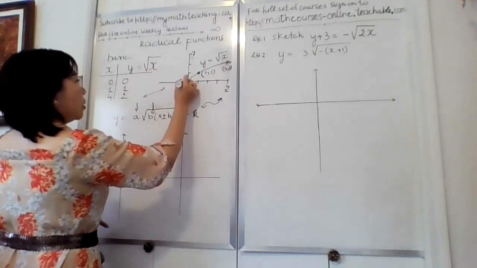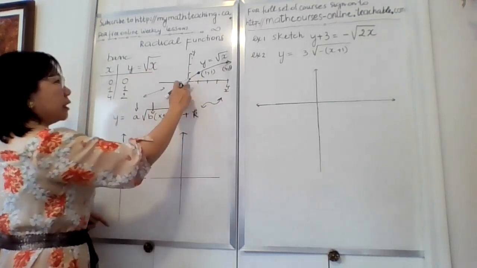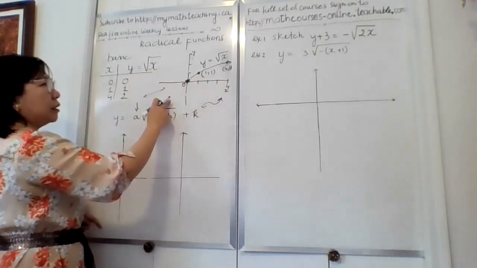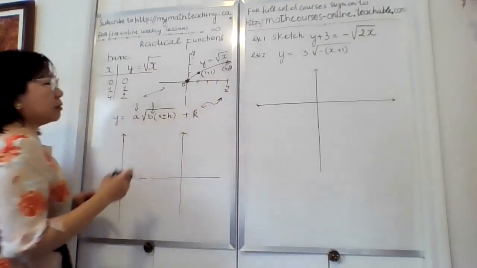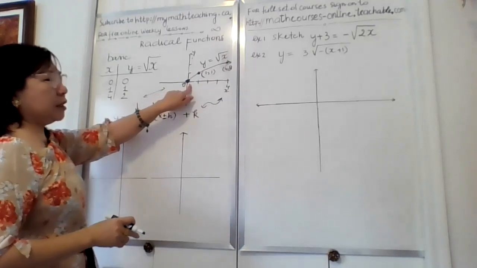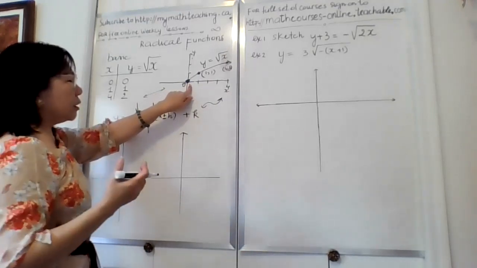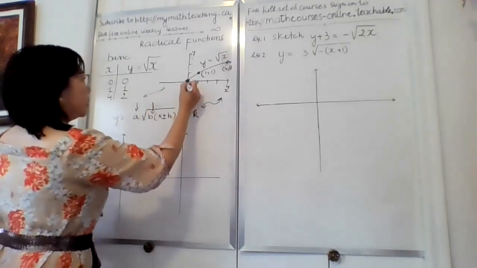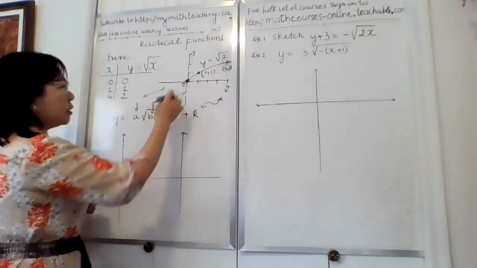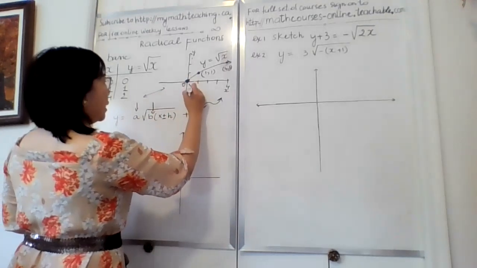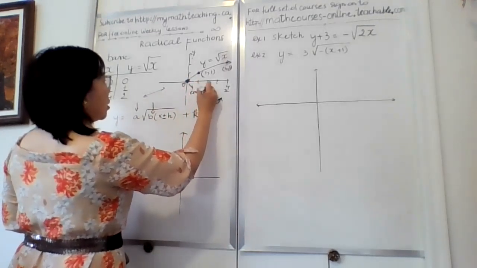We call it an end point because the radical does not continue this way. It starts from here and it keeps going. So some people refer to this as the beginning point. Actually, it should be the beginning point, right? But for the image, we can refer to this as the end point because it stopped here.